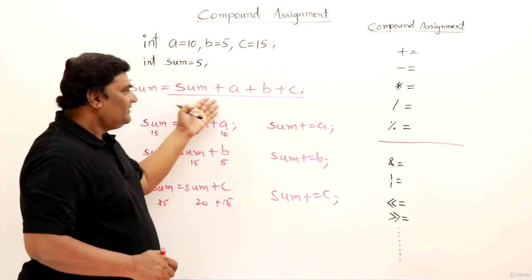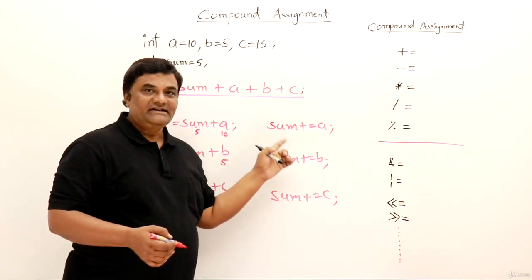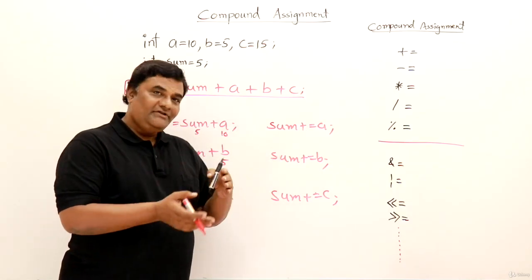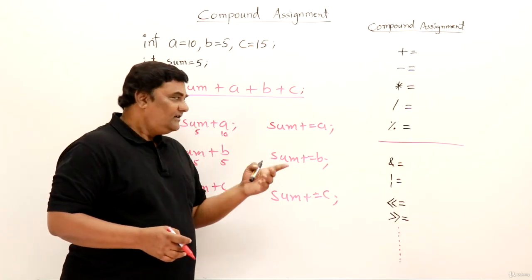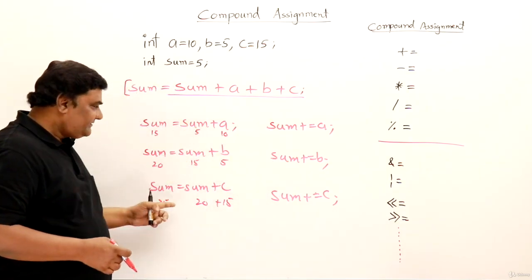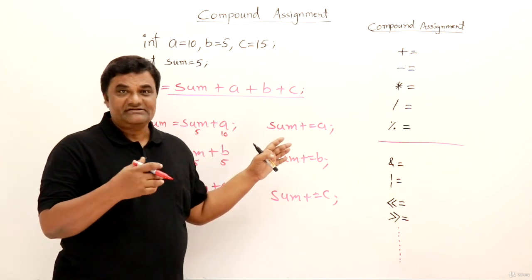Instead of adding all of them together, I have broken them up to give you the idea how this compound assignment operator is used. If you have to add more than one element repeatedly, then we can go for this. Actually, we need a statement like this. The same statement can be written like this. This gives more meaning and these are faster in C++.